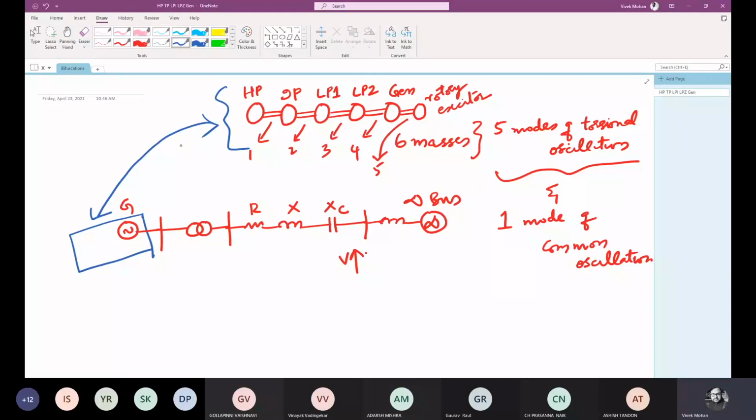If it is from the mechanical side, we take it as the change in mechanical torque, delta Tm. Then these 5 modes of torsional frequencies are excited, and it will be reflected on the generator speed.